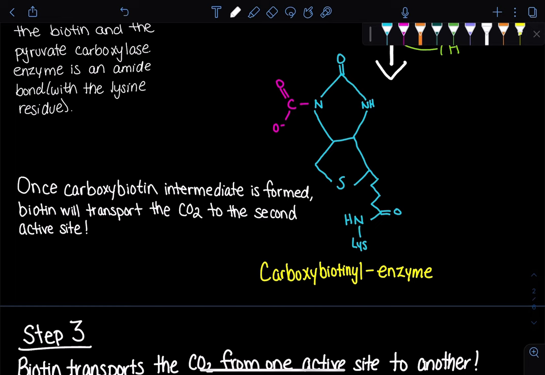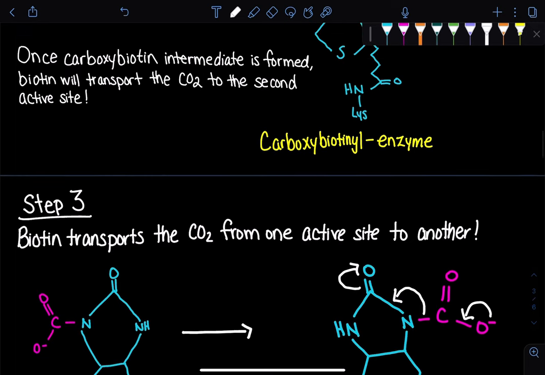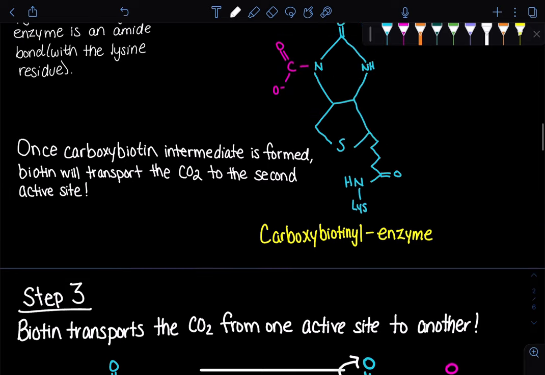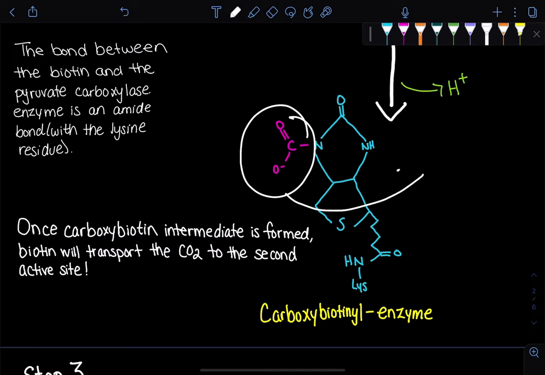Now, the next step. Once this carboxybiotin intermediate is formed, biotin will transport the CO2 to the second active site. Up until this point, the reaction was happening in the first active site. But once we get the formation of this CO2 attached with the biotin, it is going to move the CO2 to the second active site.